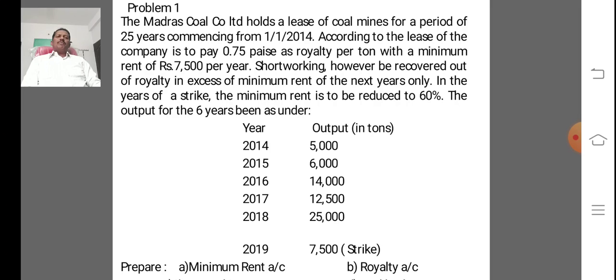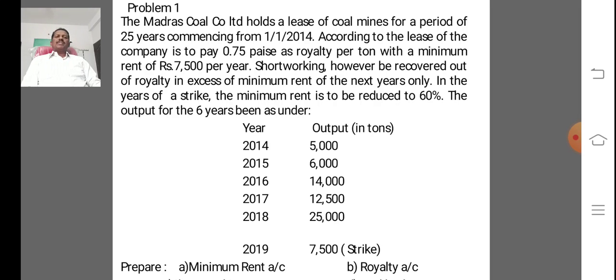Short workings, however, are to be recovered out of royalty in excess of minimum rent of the next years only. In the years of strike, the minimum rent is to be reduced to 60%.